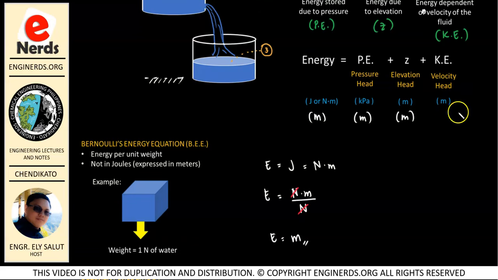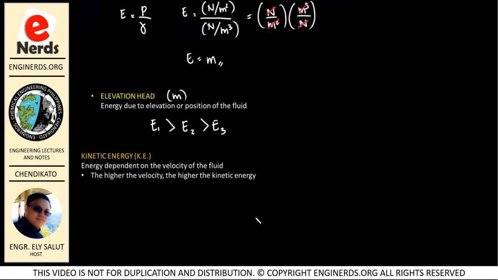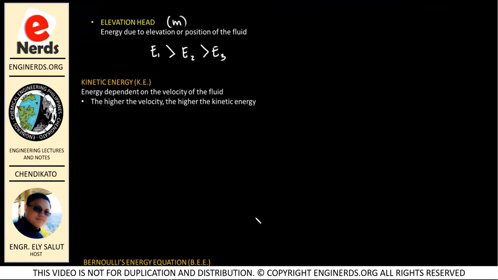So ang natitira sa atin is itong kinetic energy, no? Yung velocity head natin. So paano magiging meters ang unit niyan? So we know that kinetic energy is equal to 1/2 mv squared, no? So nalaman na natin to even in our P6 class. We know that kinetic energy is equal to 1/2 of mass times the square of the velocity.